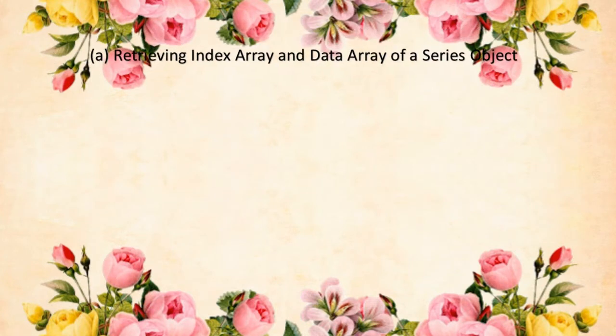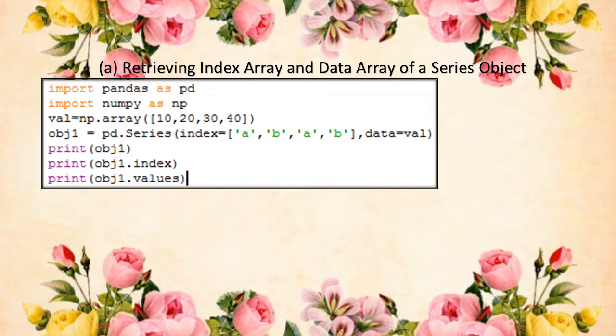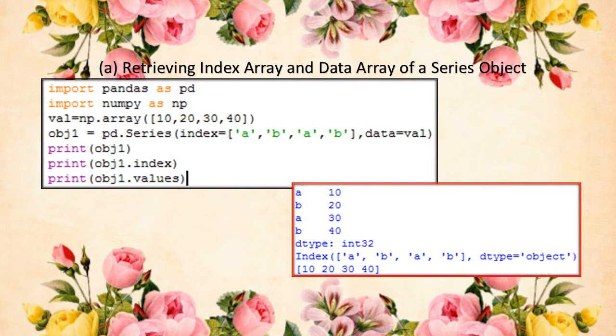Let's see an example. First we are going to see how to retrieve the index and values of the series object. See here, the array is created with index a, b. First I print the series object, so it prints the index with the data.